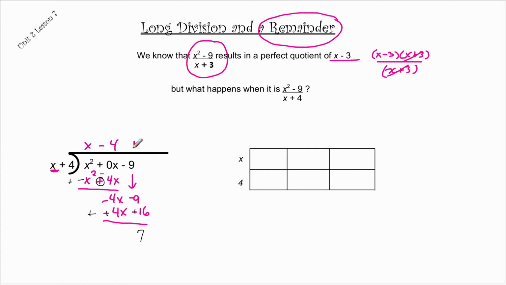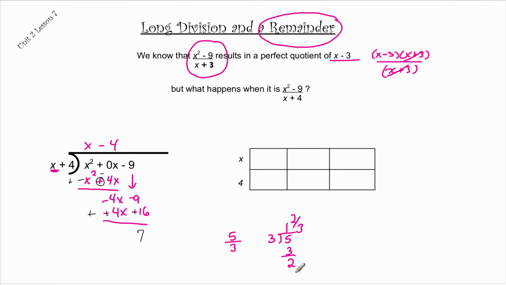Now, we don't write remainder 7. We're doing big boy and girl math. So remember how when you divided something, let's say you did 5 over 3, and then you would say 3 goes into 5 once, 2, and you would write it 1 2/3.